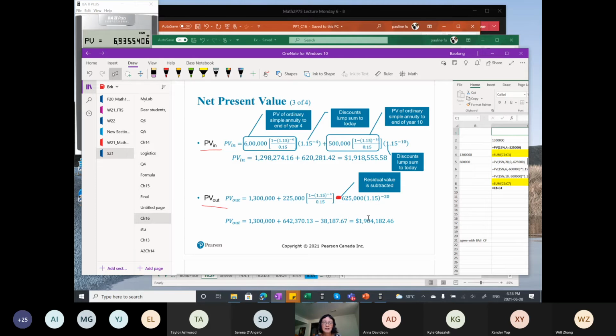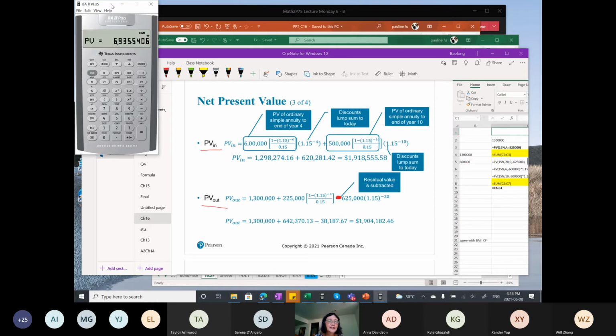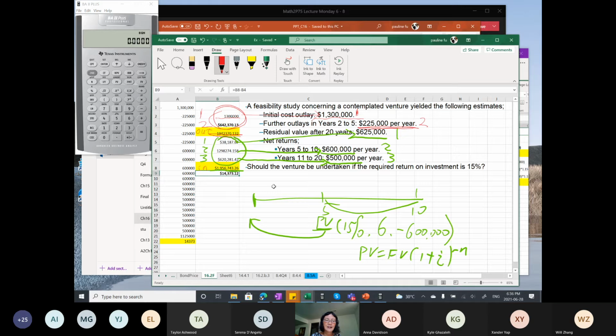All right, so now I'm going to introduce the calculator method, because this calculator has the NPV function here. To do this NPV function, I will reorganize the data in Excel format here.